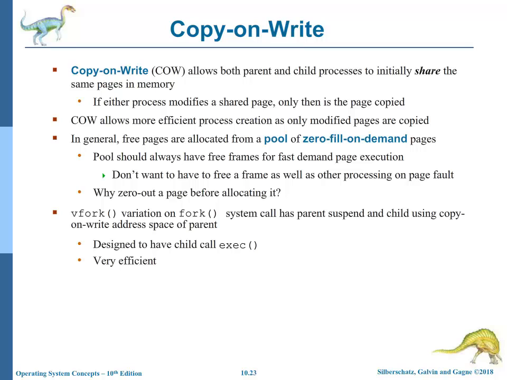Some systems provide an alternative to the fork system call called virtual memory fork, vfork. In this case, the parent is suspended, and the child uses the parent's memory pages. This is very fast for process creation, but requires that the child not modify any of the shared memory pages before performing the exec system call.